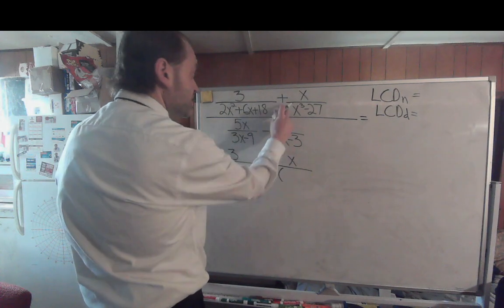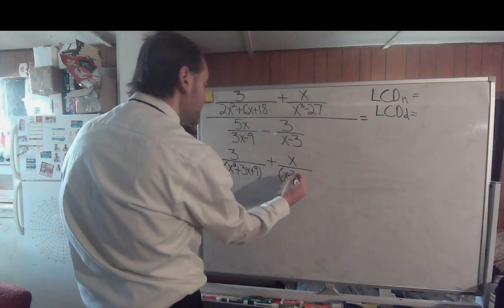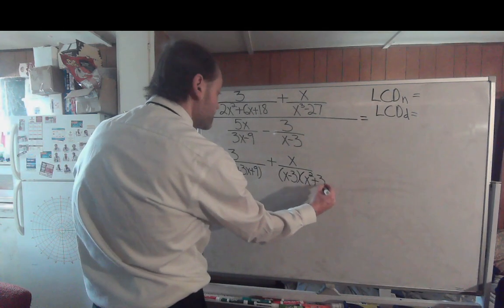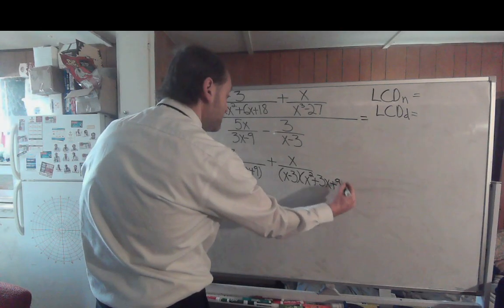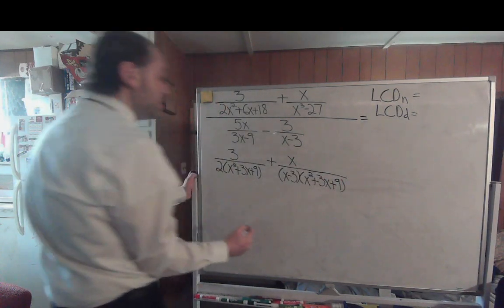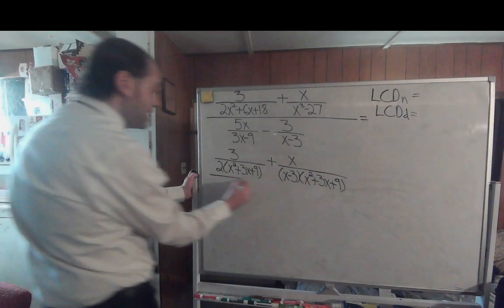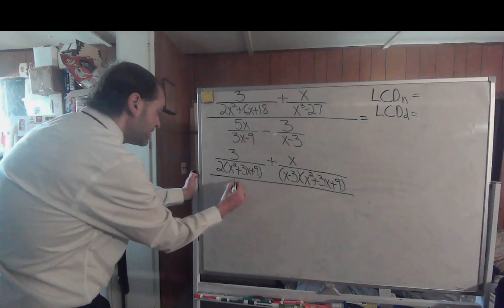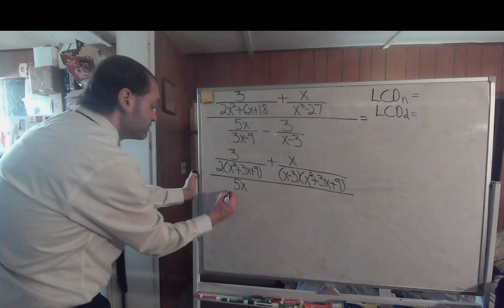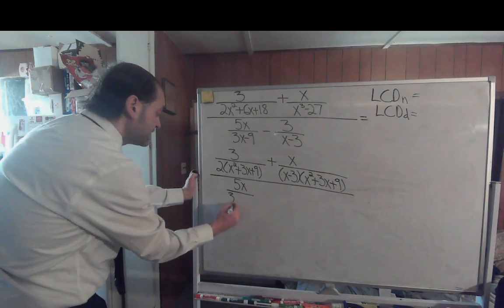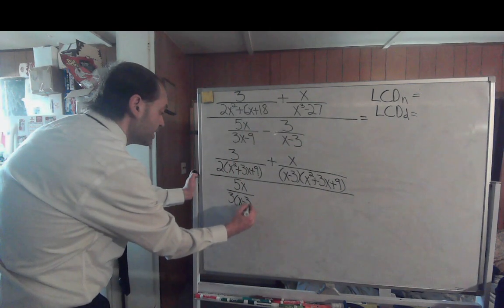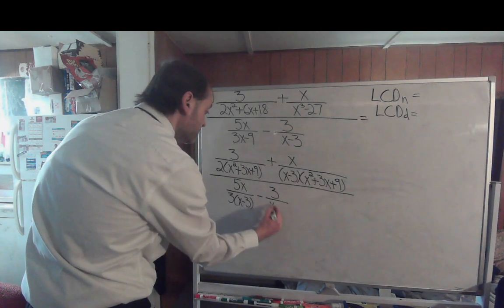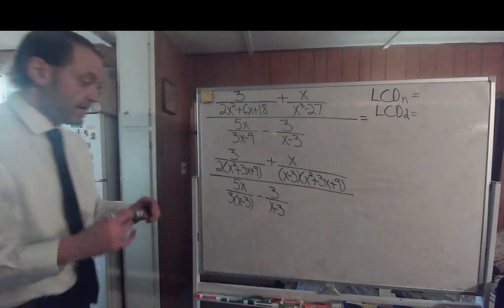Now that's a difference of 2 cubes, so that would be x minus 3 times x squared plus 3x plus 9. So we got all that all over 5x over 3 times x minus 3 minus 3 over x minus 3. Okay.